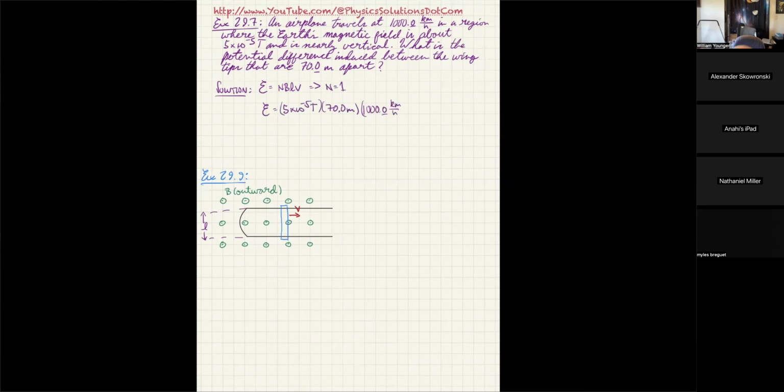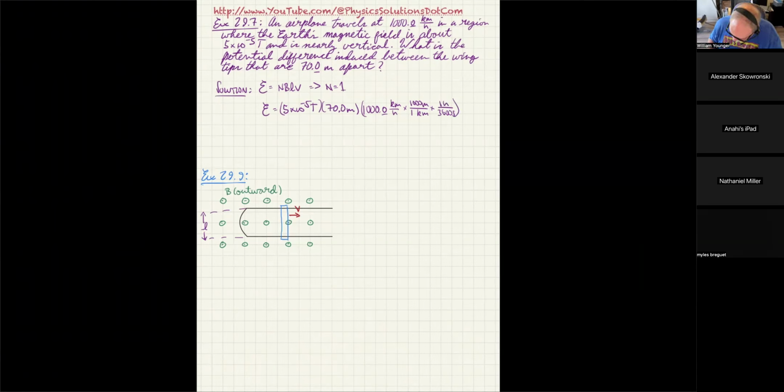But remember, we can't use units of kilometers and hours, so we have to say there's 1 kilometer in 1,000 meters, and in 1 hour there are 3,600 seconds. So ultimately, we're taking that 1,000 and dividing by 3.6, and that'll give us the velocity in meters per second.